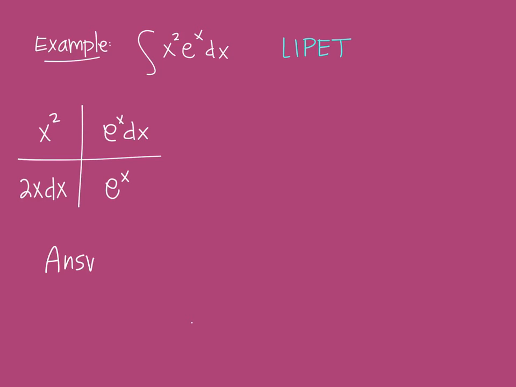So my answer starts with the pairing of the diagonals, x squared paired with e to the x, minus the antiderivative of the combination of the new parts I created. So this would be 2x e to the x with a dx on the end. This needs its own parts integration because I still have a polynomial with an exponential.